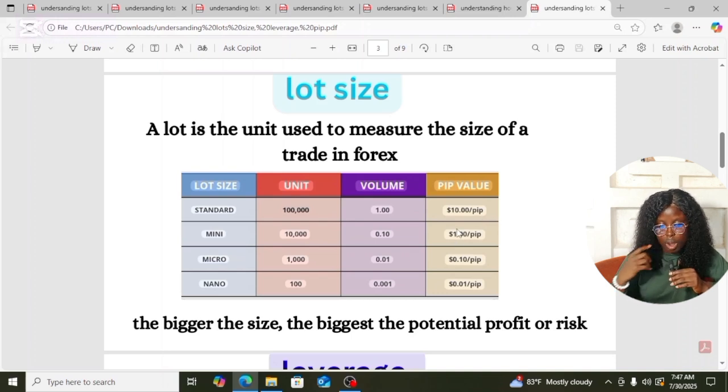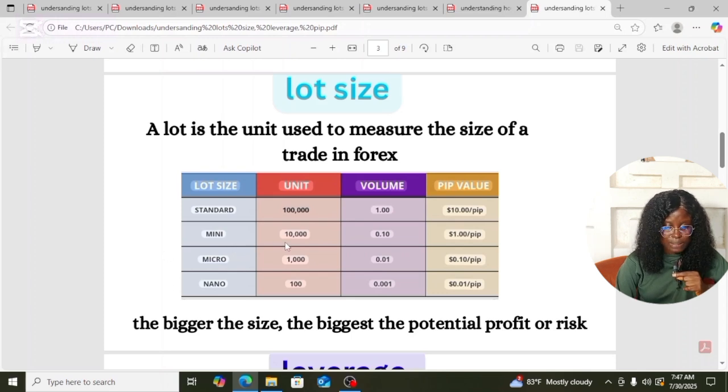We are going to look into what a pip is in this video. If the trade goes your way by one pip, you make $10, and if it goes in the opposite direction, you lose $10 with just a one pip movement.